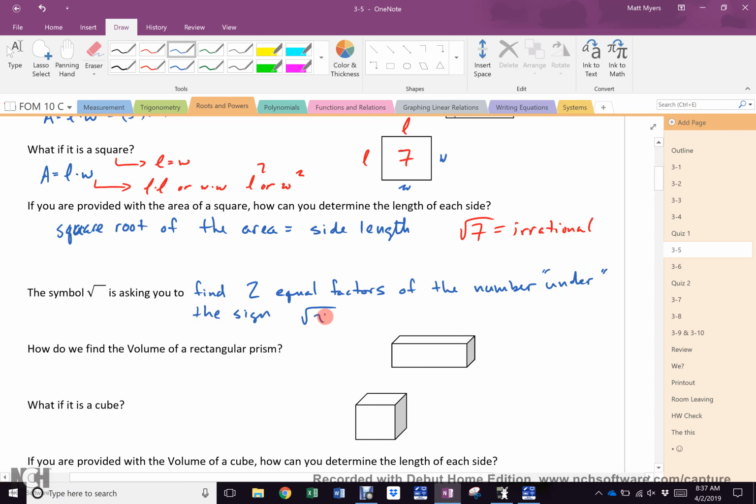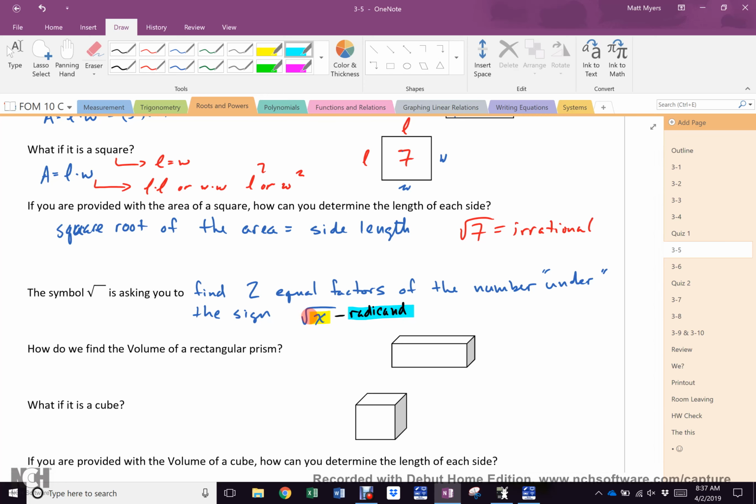X. The square root of x means I need 2 equal factors of whatever that number is. And that number is what we call the radicand. That's a new word that I'm going to be using, so I need you to know what I mean. When I say radicand, I mean the number under that symbol. Everybody good?